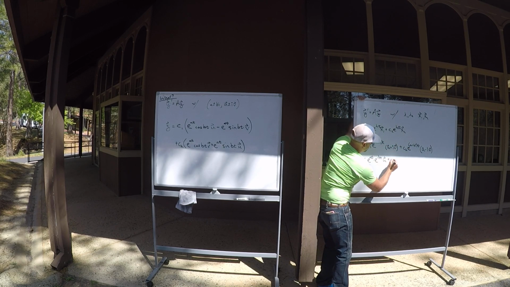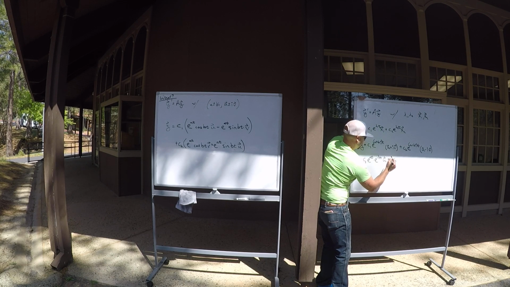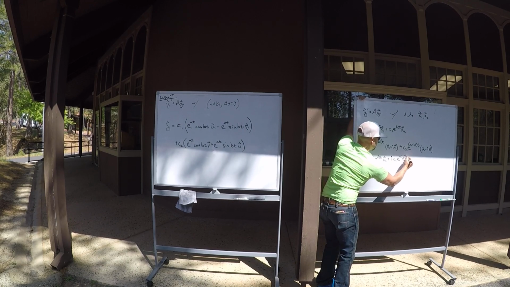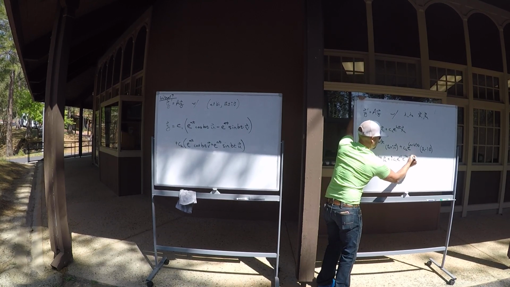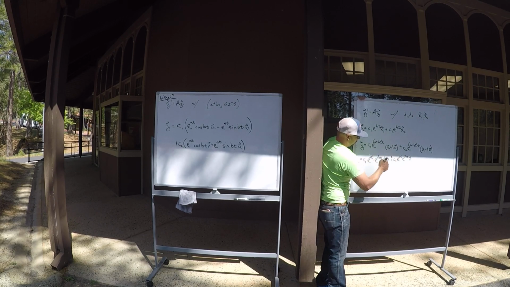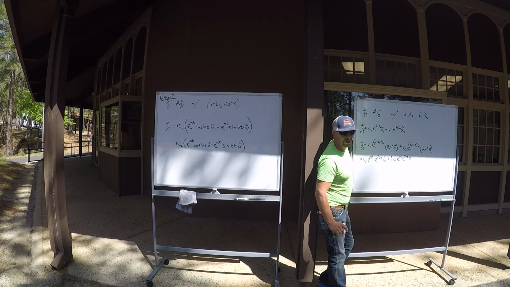So I've got u plus i times c1 e to the at e to the ibt times v. That's this distributed out. It got longer.